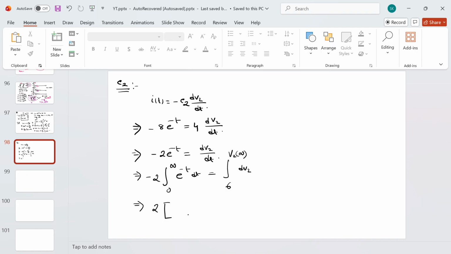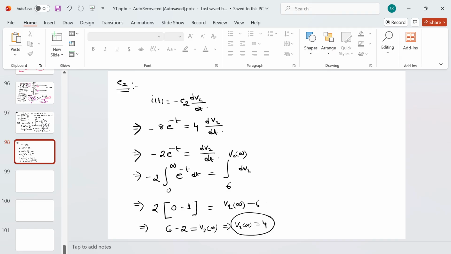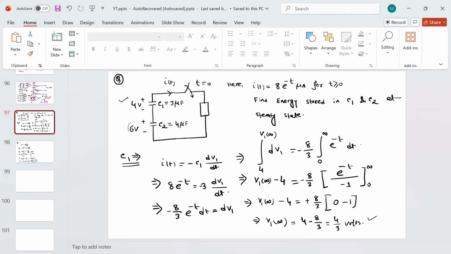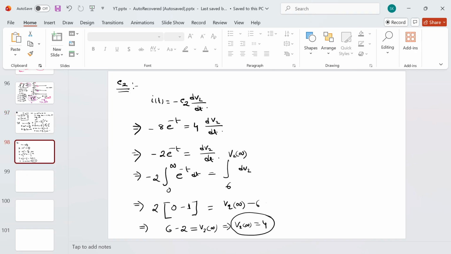So 2 equals V2 infinity minus 6, right? So 6 minus 2, V2 infinity is 4 volt. So this will be the voltage, and 4 by 3 is the other voltage.